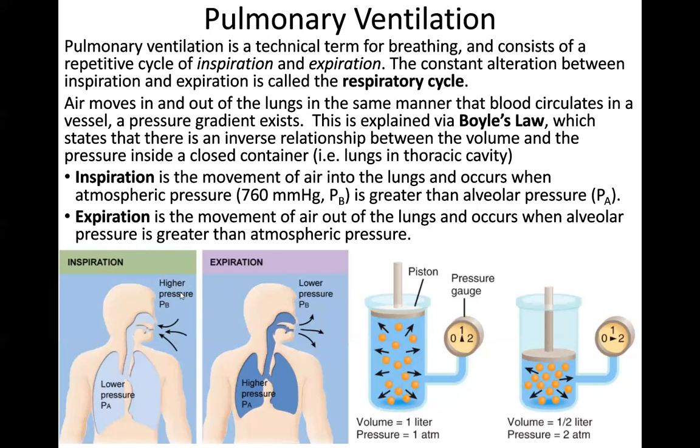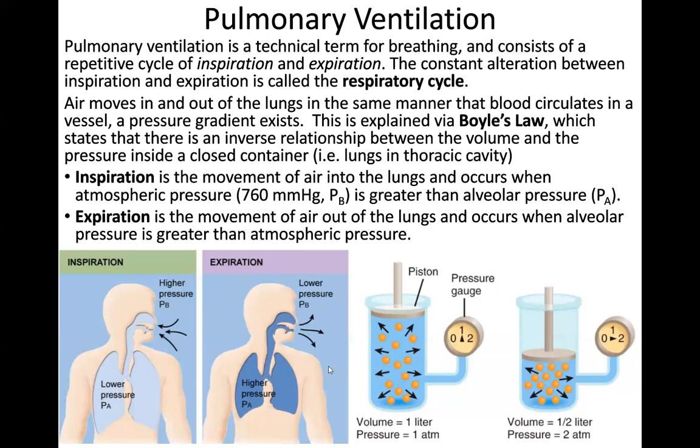In other words, if P sub B is higher than the pressure in our lungs, our alveoli, P sub A, we've got a pressure gradient that's going to draw the air into the lungs. Now, how do we drop pressure in the lungs? We make our closed container larger. You'll see on the next couple slides how this all works.